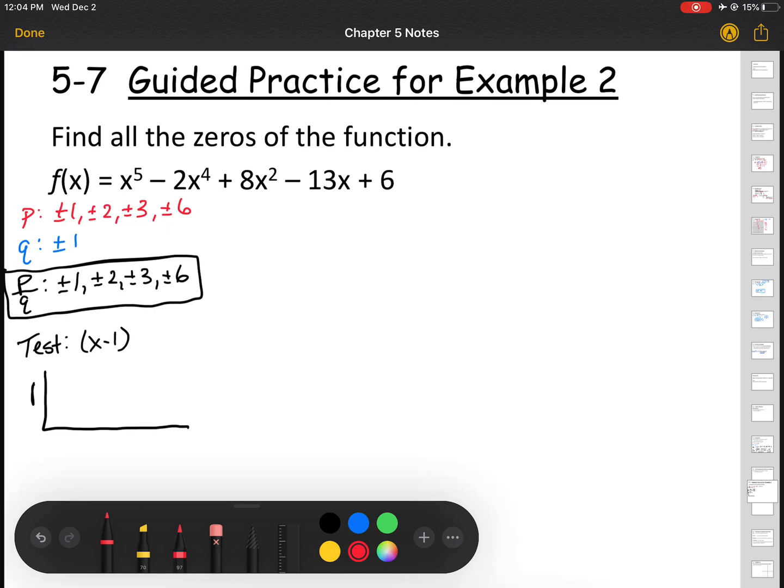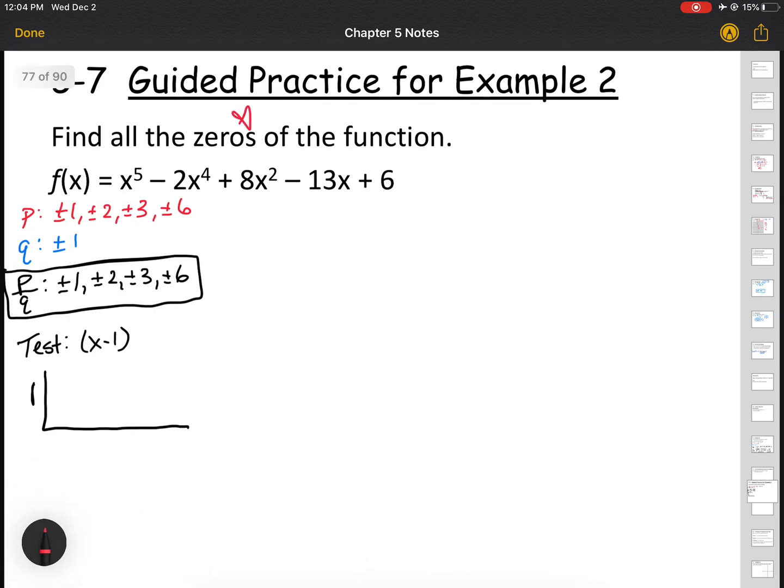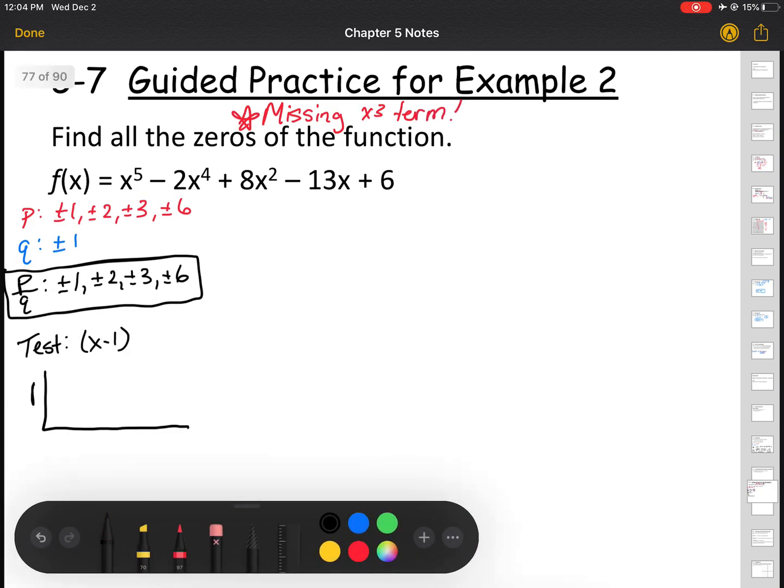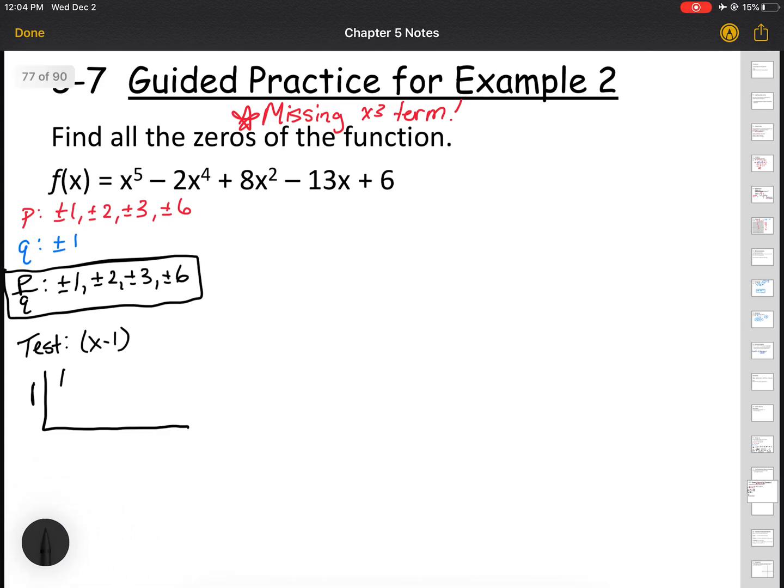It goes 5, 4, 2, 1, 0. But I'm missing the x to the third term, so I need a placeholder 0. So I'm going to do 1 as a coefficient, negative 2, placeholder 0, 8, negative 13, and 6.